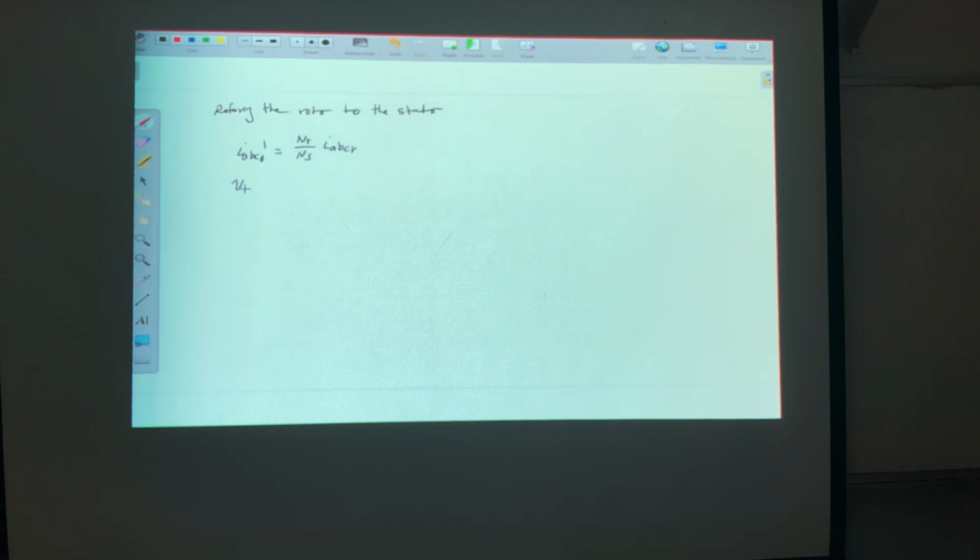So the voltage as referred to the stator, V ABCR dash, will equal to what? Why NS over NR, not NR over NS? Why this one in R in S and this one in S in R?